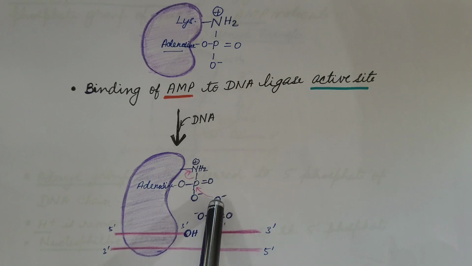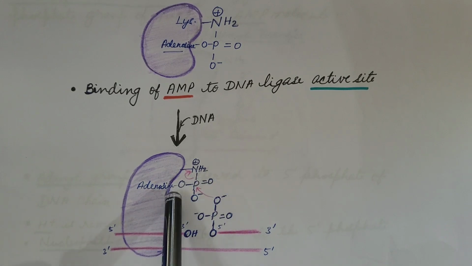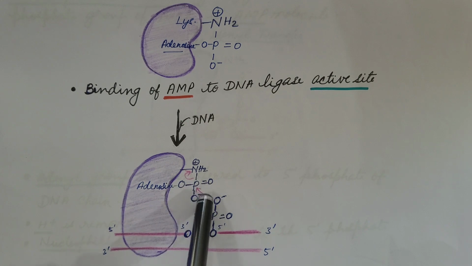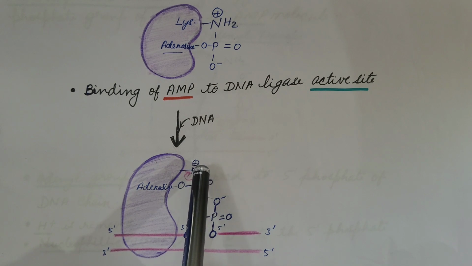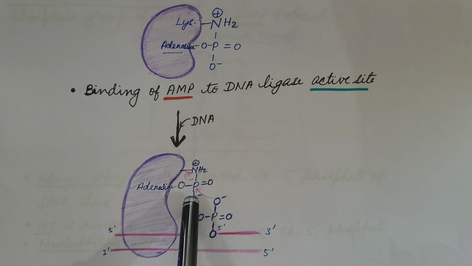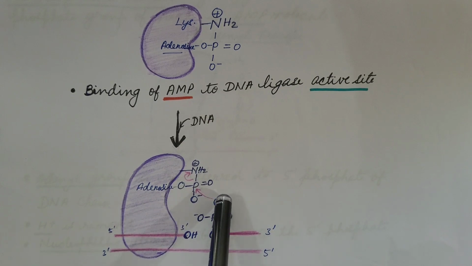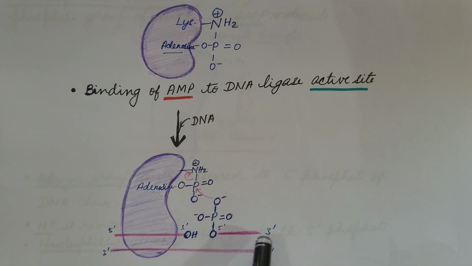This O minus, which is a nucleophile, attacks the phosphate of AMP. This is known as the nucleophilic attack, as a result of which the covalent bond between NH2 and AMP breaks, and now the AMP is transferred to the 5' phosphate group of the DNA chain.